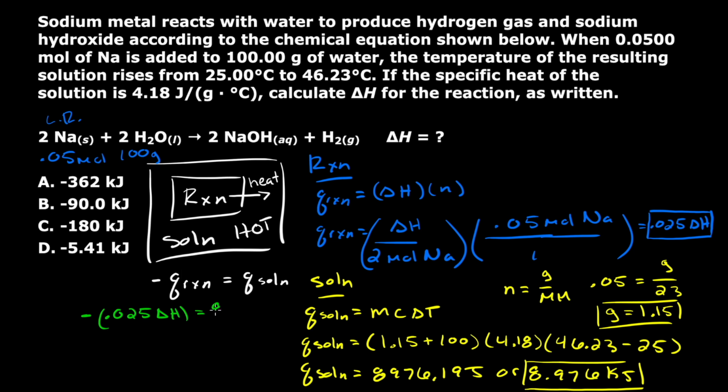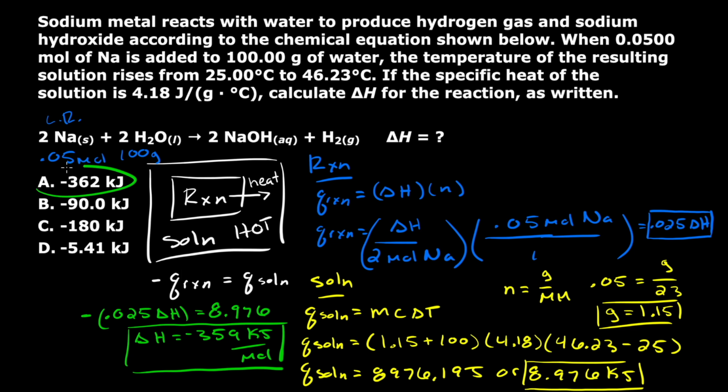It's going to be the 8.976, and when I solve this for delta H, I'm going to get negative 359, and that's going to be in kilojoules per mole. And so this right here is going to be the answer choice, and the answer choice that's going to be closest to that is going to be A.